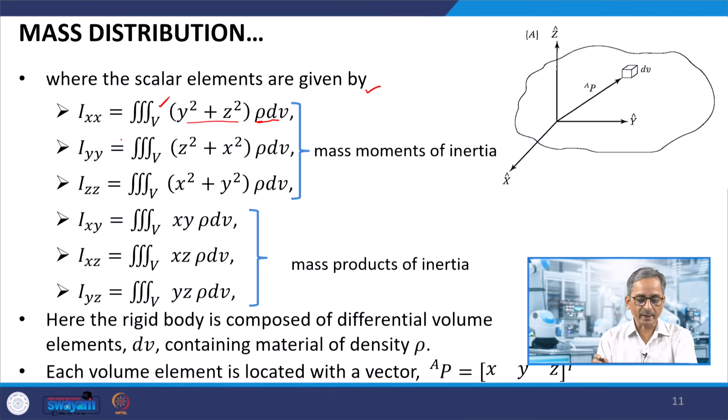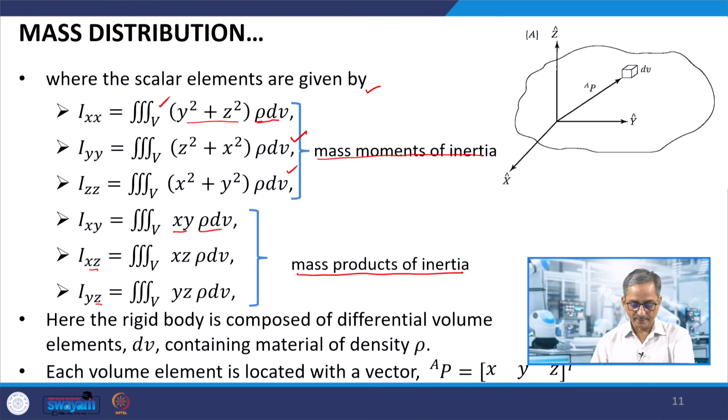Similarly, I can define the moment of inertia about the y axis and about the z axis, and these terms are called mass moments of inertia. The off diagonal terms, Ixy, are defined like this: xy times the elemental mass, which is rho dV. Similarly, Ixz and Iyz are defined, and these are called mass products of inertia.